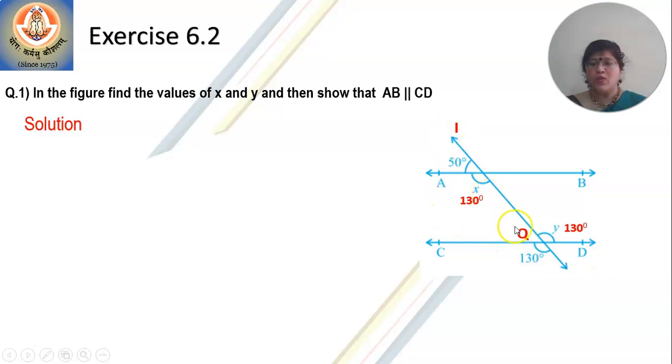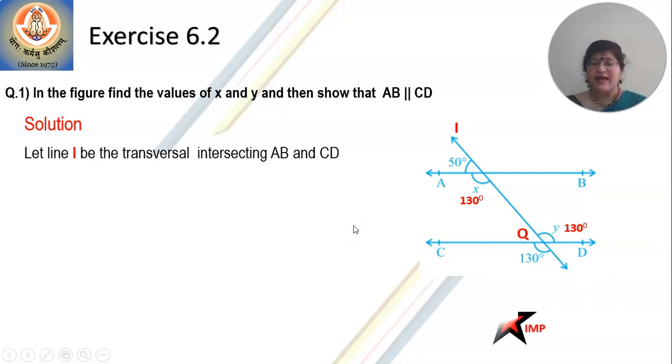So I have taken one transversal out here, L. I have named it as L, and make a statement that line L be the transversal which is intersecting AB and CD. Okay. Now it is mentioned that this angle here is 50. You have to find out the value of x and the value of y.